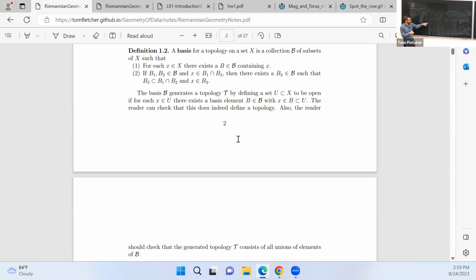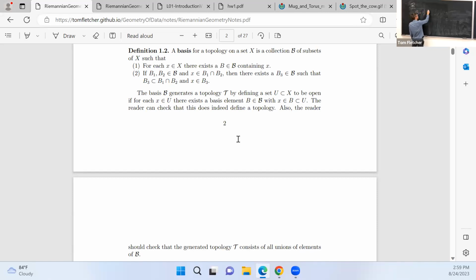So I give it the basis element that every real number is an open set itself, and then any subset of real numbers is an open set. That would be a discrete topology, which is not how we usually think of the real line being continuous.